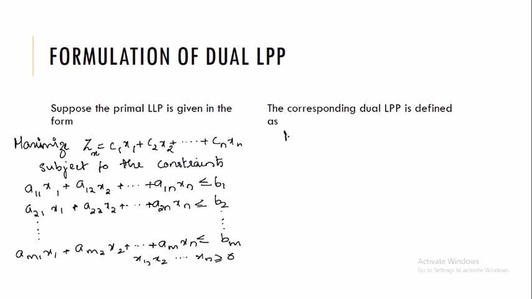Now take a closer look. The dual of this problem, or dual of the primal, is written as, first we will concentrate on the objective function: minimize Zy is equal to b1y1 plus b2y2 plus etc plus bmym.